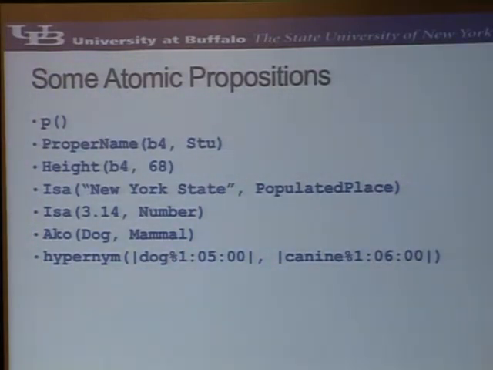So I use AKO for a kind of. Although this isn't embedded in SNePS, you're allowed to use different terms if you want for these relations. And here's a little piece of WordNet. So whatever is the hypernym of dog is canine.